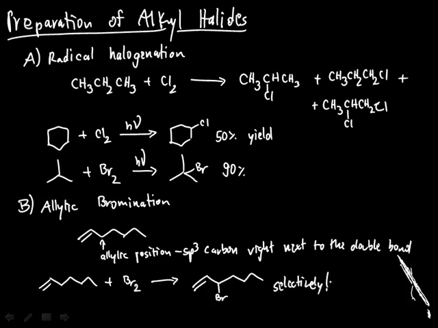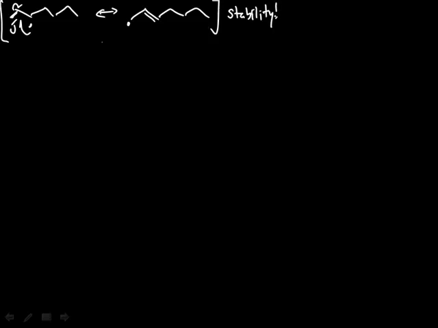The question is, why does this happen? Well, if we look at the intermediate in this process, which is a radical, just like in any other radical halogenation, then this radical is resonance stabilized. So we can draw an arrow here to give us a radical with a terminal carbon, and this explains the stability of radicals that are based on an allyl system.